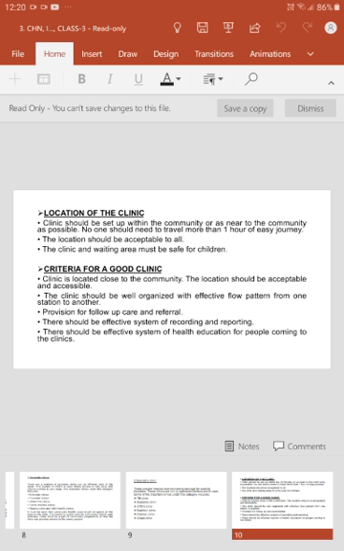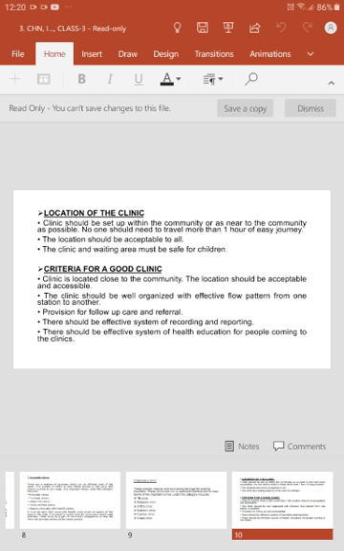Then there should be an effective system of recording and reporting. Whoever comes with particular diseases, everything will go for recording and reporting. And there should be an effective system of health education for the people coming to the clinic. Whoever comes for the needed care, health personnel like doctors and nurses give health education.